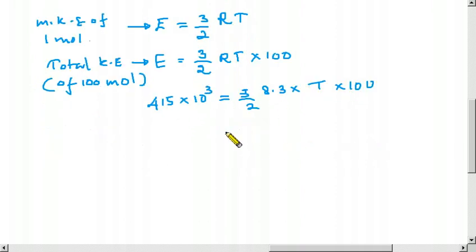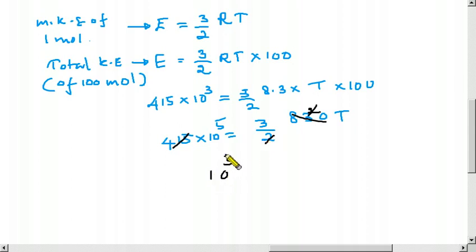If we multiply this 8.3 first by 100, then we get 830. Then we can cancel this 415 2 times to 830. So this 2 again cancels by this one. So 10 power 5 equals 3 times T.